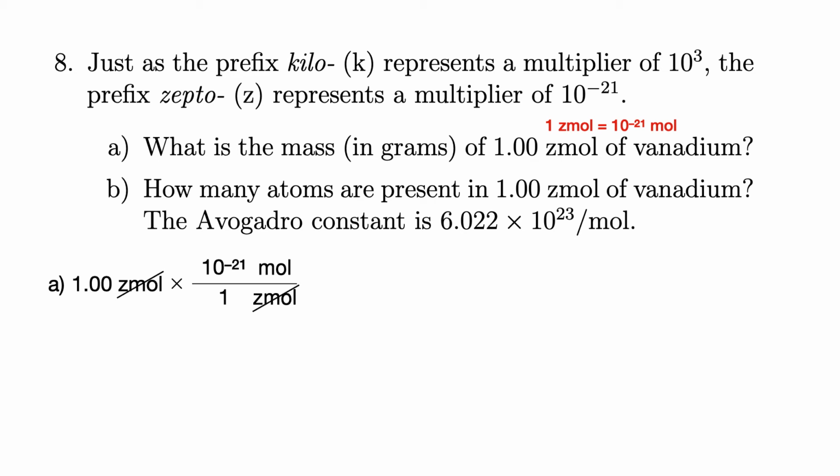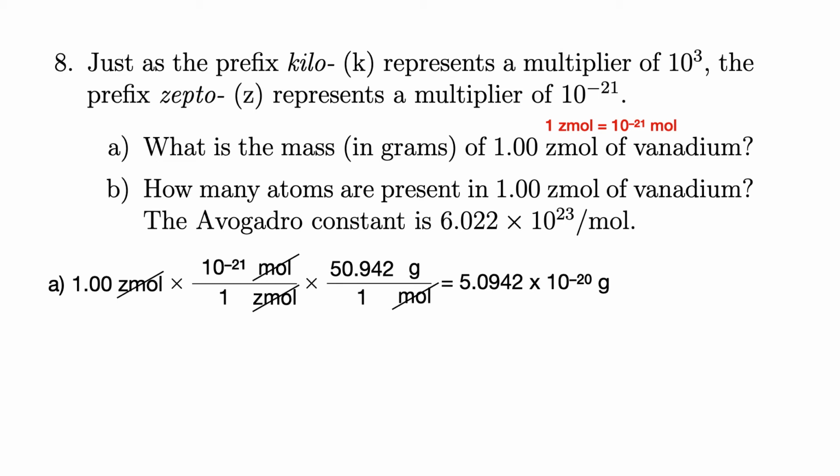And then if we want to convert from moles to grams, 1 mole of vanadium has a mass of 50.942 grams. We just read that off of the periodic table. And then moles cancel. And when we multiply this out, we find that the mass is 5.0942 times 10 to the minus 20 grams.